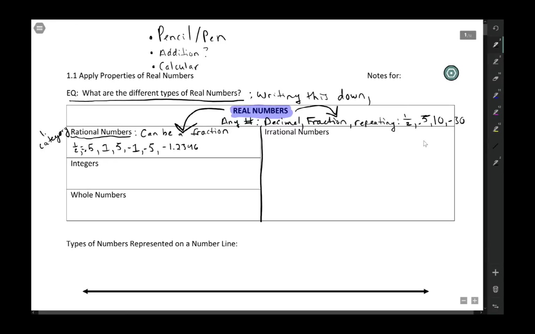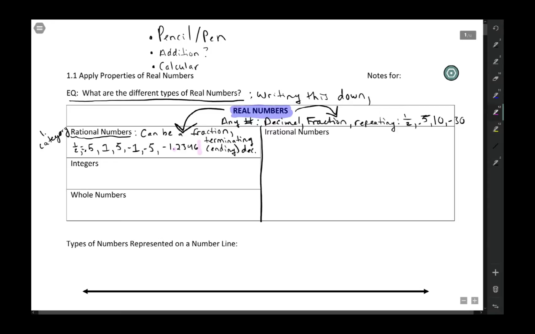But it stops there. And the key thing is rational numbers, they can be a fraction, and they must have a termination if they're a decimal, or terminating, or ending decimal. So notice, the decimal stops, boop, or the number stops, the decimal's here, the number stops right there.